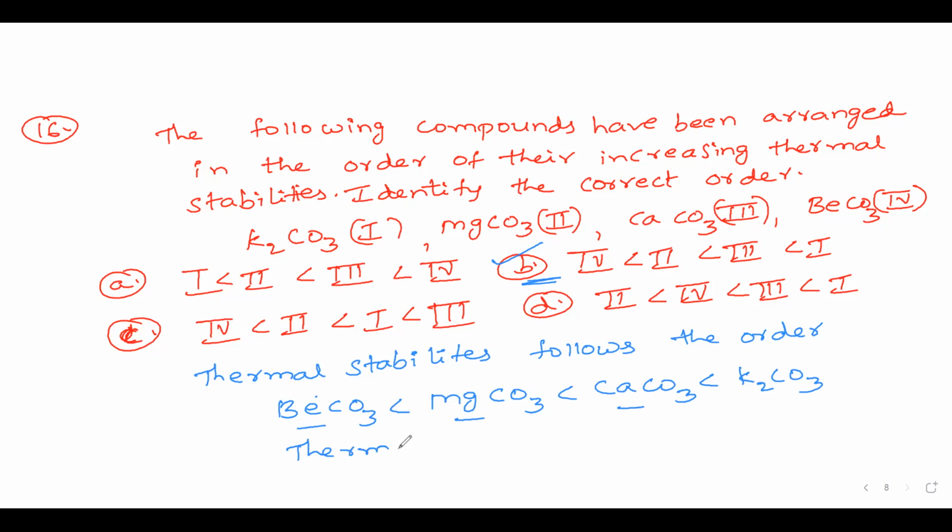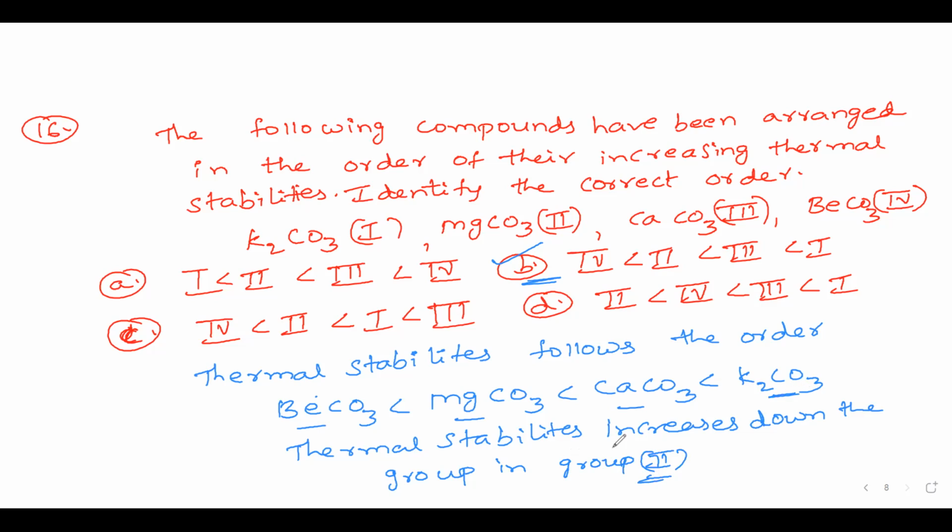Thermal stability increases down the group within the same group, in group 2, and is less than group 1. Group 1, what are the elements we have? Potassium. So the answer is second option. Very, very important question. This is a previous IIT question. So these are the types of questions we are getting.